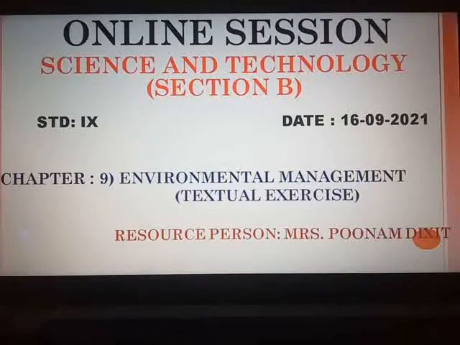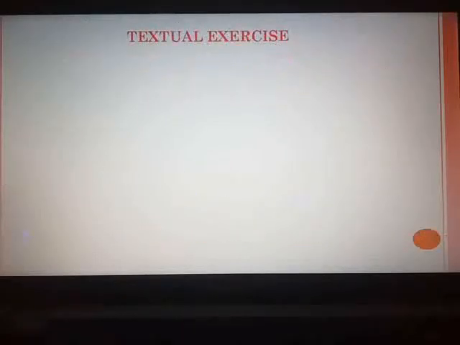Let us begin with the textual exercise. Please refer to page number 107. Page number 107. If you see the textual exercise, question number 1 is match the columns.